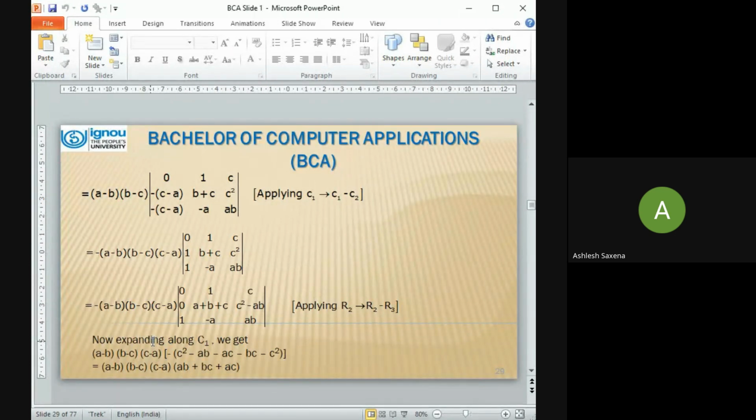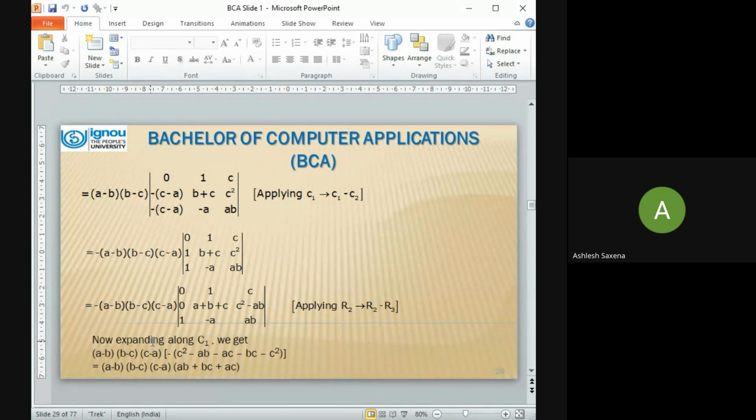Again, I will be making one element 0, converting that row. Row 2 tends to row 2 minus row 3. So this will be performed. As this is performed, in column 1 two elements are 0.